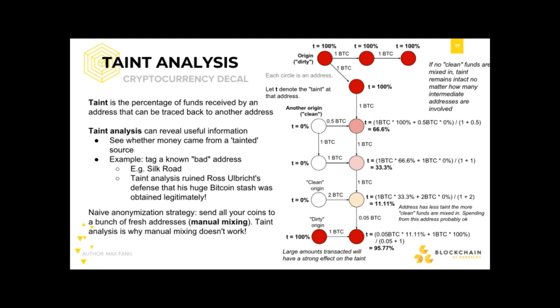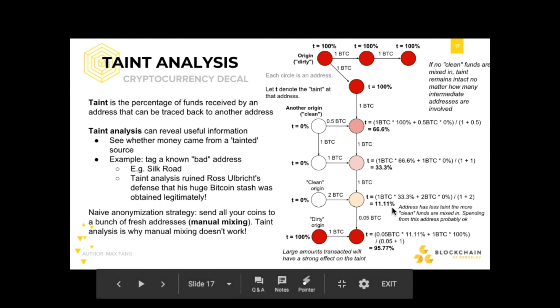The proper way of going about cleaning your funds is, say, you have some funds which are dirty, and then you take in some clean funds from someone else and mix it with your existing funds. And as you see here, the taint goes down from 100% to 66% to 33%, and then down all the way to 11%.